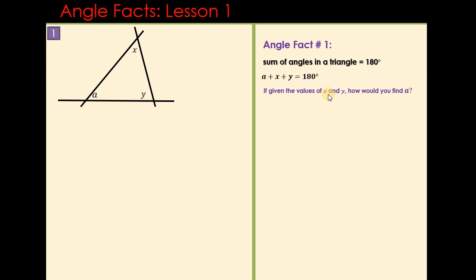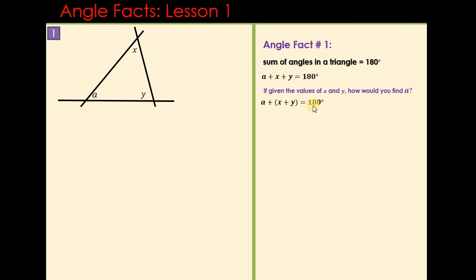If given the values of angle X and Y, how would you find angle A? Well, it's quite simple. Assuming that you have the values for angle X and angle Y, you add those two values up. And what we're going to do is remove it from this side as well as this side.